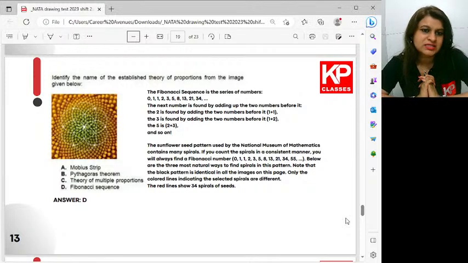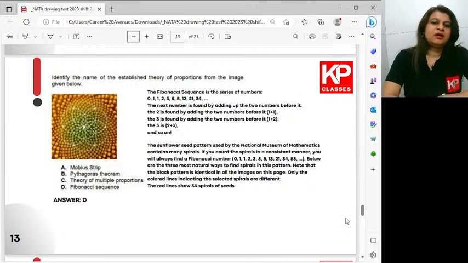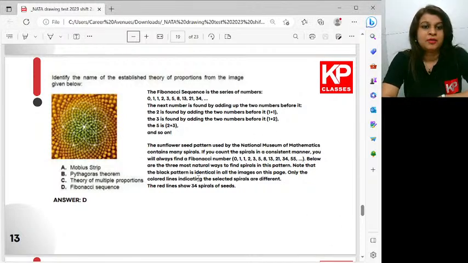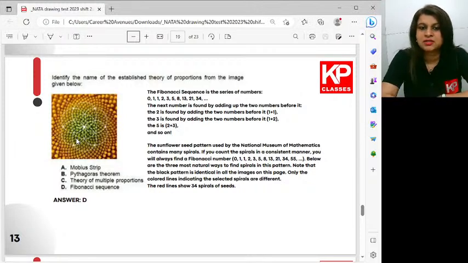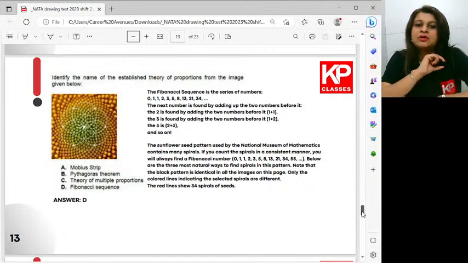The sunflower seed pattern used by the National Museum of Mathematics contains many spirals. So basically, this has that particular series in it. It is found in nature as well. If you look up to it, you will find how certain things are created in a particular proportion.